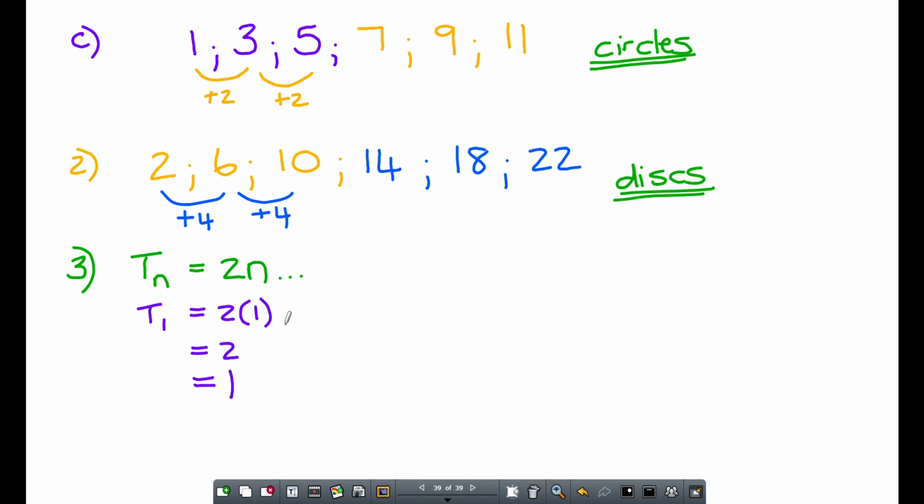So I'm going to subtract 1. Let's just quickly test term 2. Term 2 would then be 2 times 2 minus 1, which gives me 4 minus 1, and it does give me 3. So I know that my answer is correct. So term N is equal to 2N minus 1. You guys fine with that?